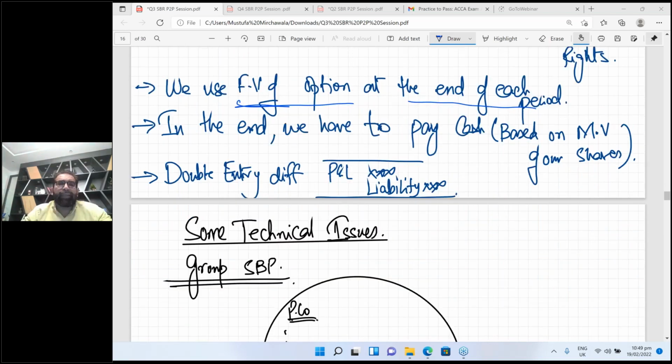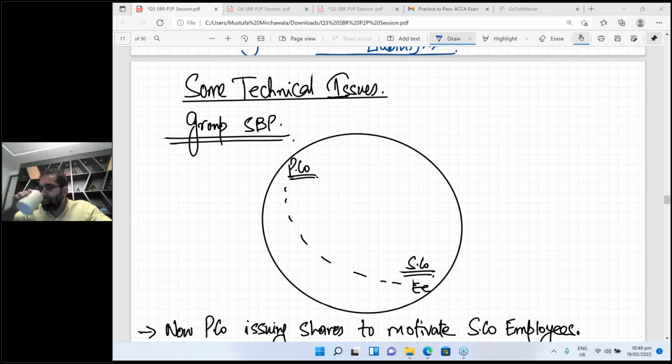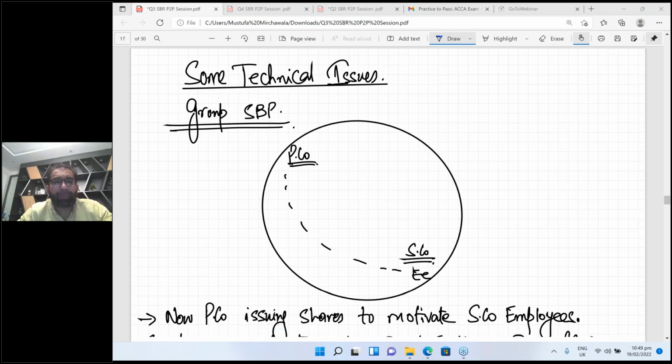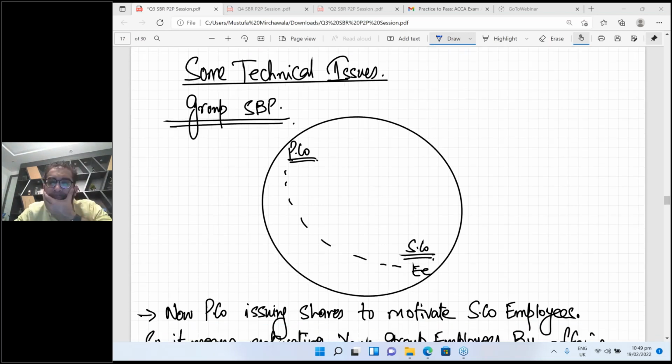Now some technical issues. Group SBP. This is called group share-based payment. Listen. Can you see this circle? This circle is group. Now, you know what is the scope of IFRS 2? Just concentrate on the scope of IFRS 2 with me.